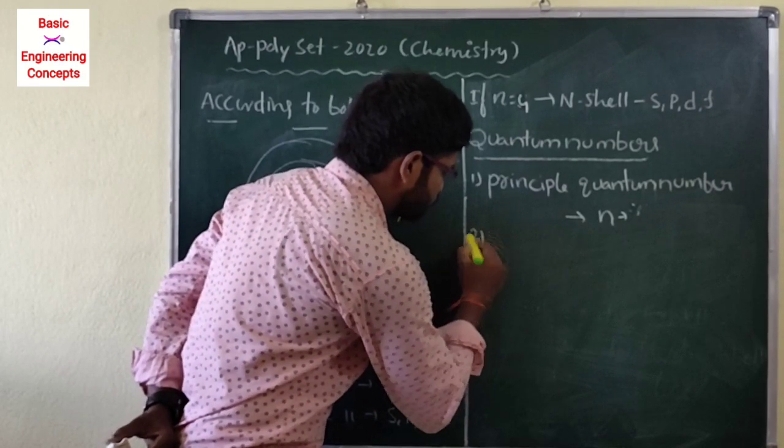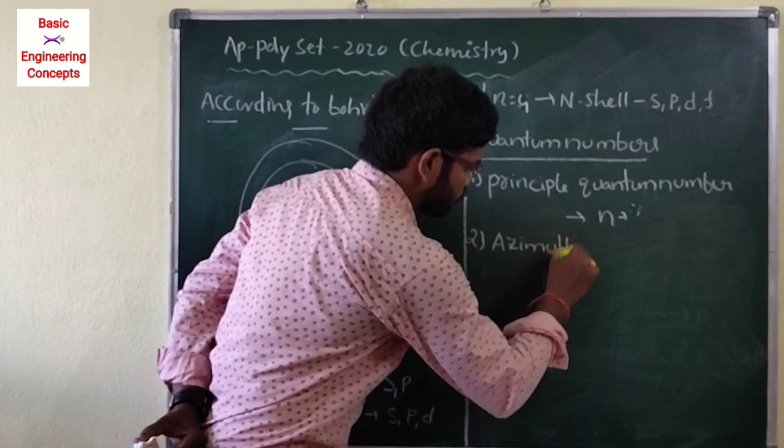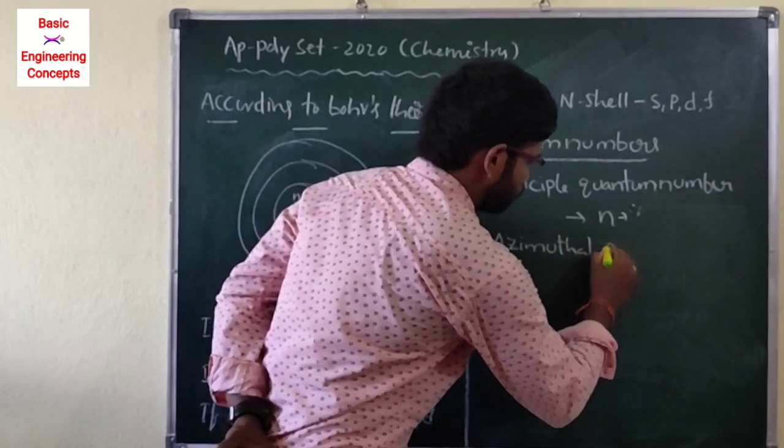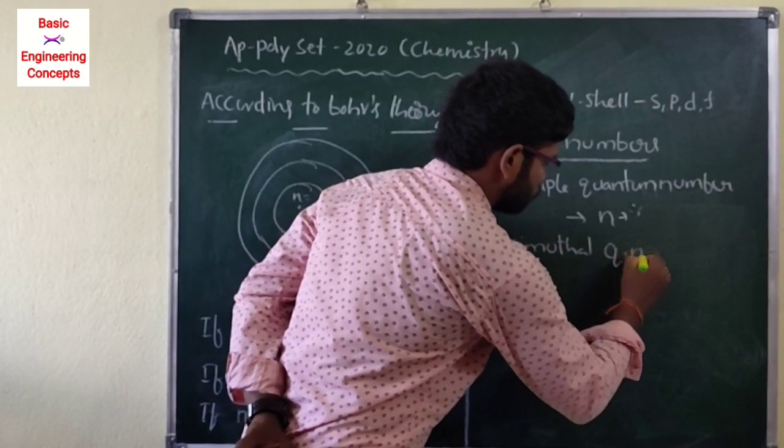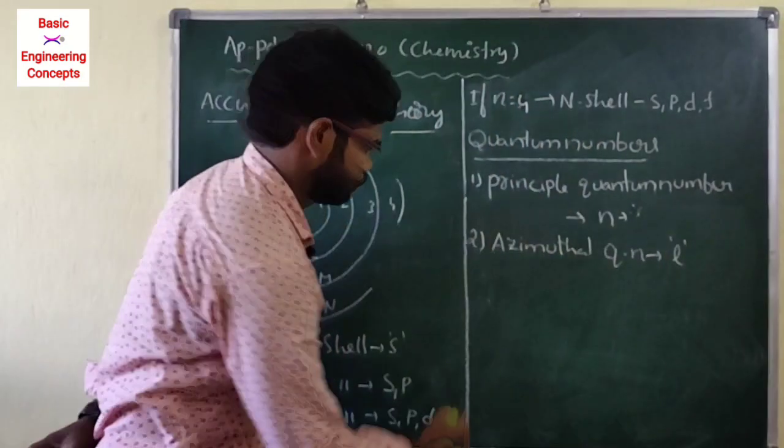Second is the azimuthal quantum number, denoted by small l.